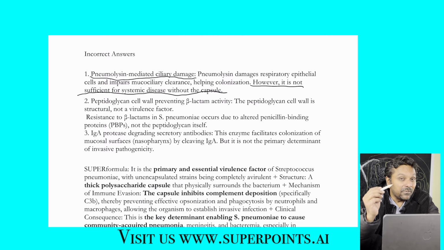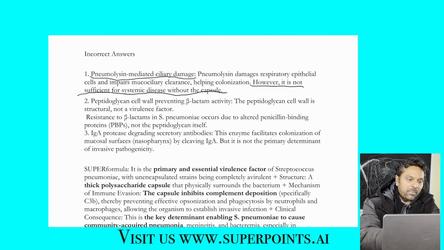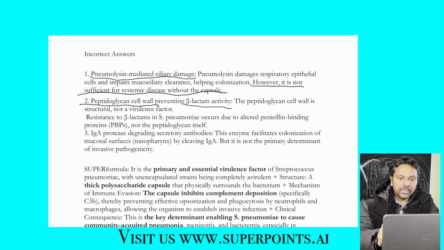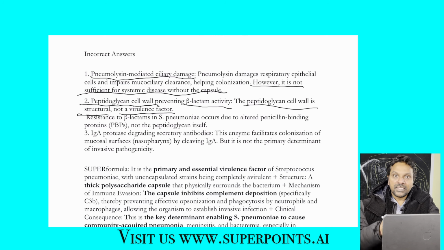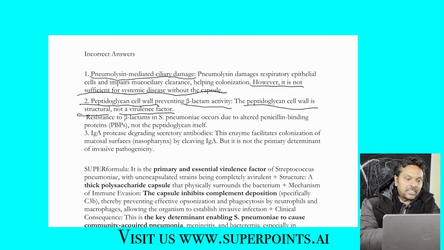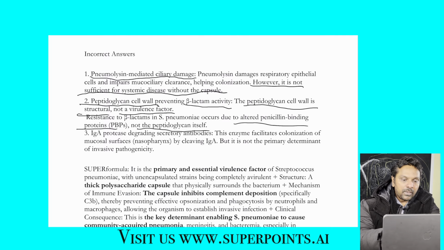What gives the virulence? So what about peptidoglycan cell wall preventing beta-lactam activity? The peptidoglycan cell wall is a structural, not a virulence factor. You see, the cell wall is not the virulence factor. Resistance to beta-lactams in Streptococcus pneumoniae occurs due to altered penicillin-binding proteins, not peptidoglycan itself.